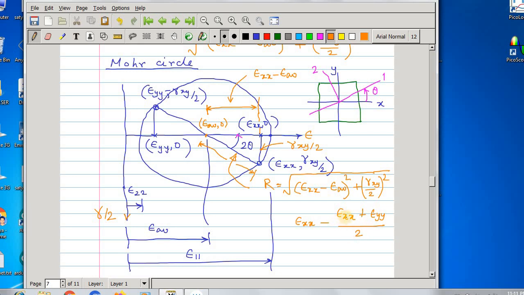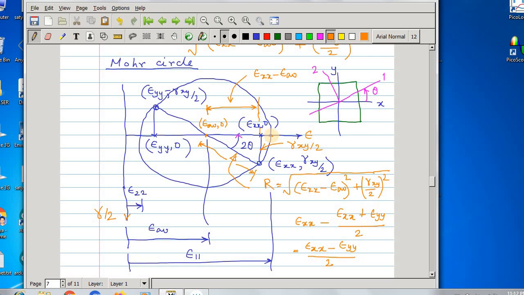If you do this, that gives you epsilon xx minus epsilon yy by 2. So this is epsilon xx minus epsilon average, which is epsilon xx minus epsilon yy by 2, and this is gamma xy by 2. So this radius is nothing but the square root of epsilon xx minus epsilon average square plus gamma xy by 2 square.